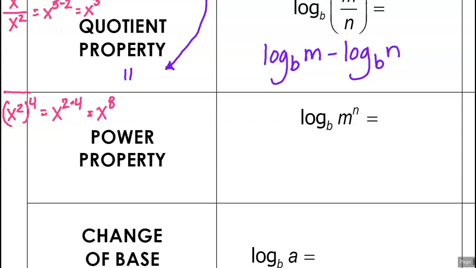Whenever you have an exponent on an argument, you can rewrite it with the exponent as the coefficient on the log. So basically, this n moves to the front of the log.